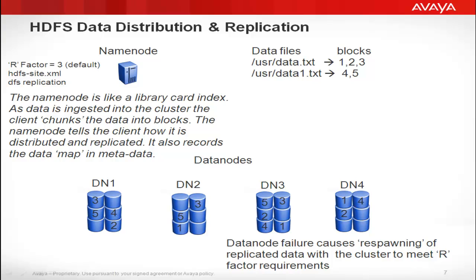This means that individual blocks will be replicated 3 times and then placed algorithmically. If a data node were to fail within the cluster, HDFS will respawn the lost data to meet the distribution and replication requirements. All of this means east-west data, but it also means consistent distribution and replication, which is critical for parallel processing.